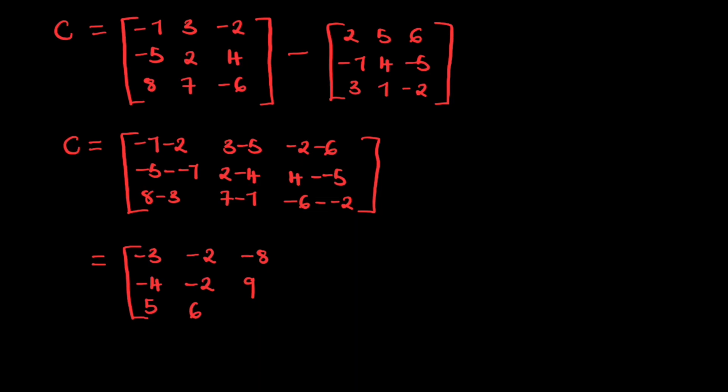And minus 6 minus 2 is minus 6 plus 2, which is minus 4. And this is our matrix C.